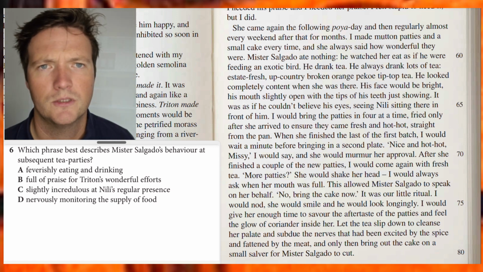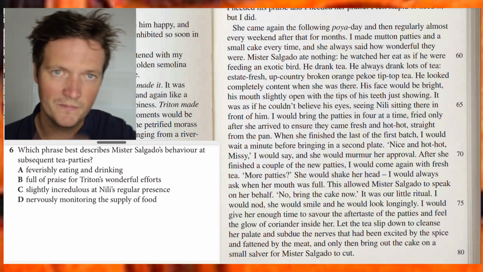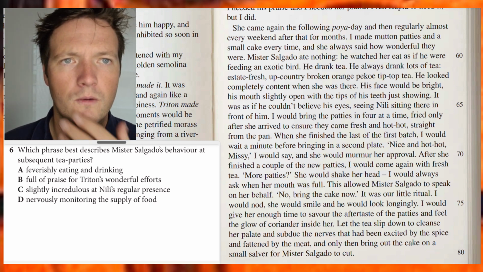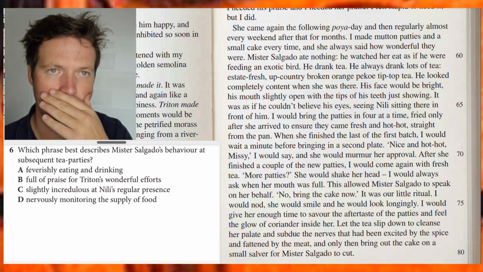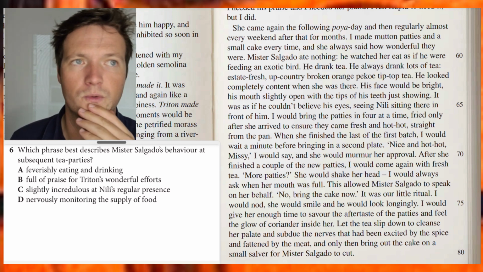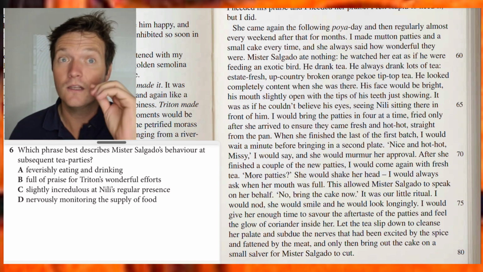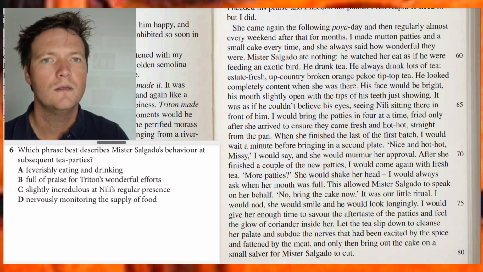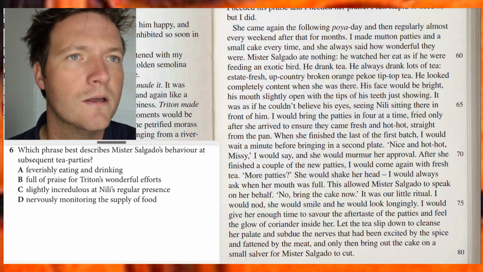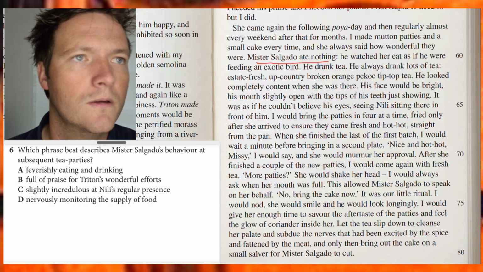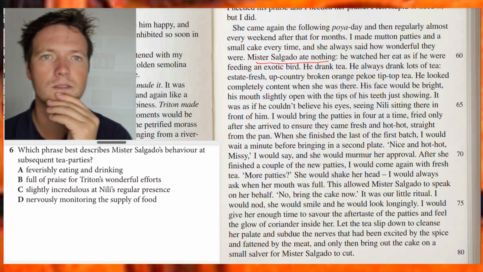Let's have a look at the possible answers. Which phrase best describes Mr. Salgado's behaviour at subsequent tea parties? Feverishly eating and drinking? Well, he drank a lot of tea, yes, but we know he didn't eat anything, right? Mr. Salgado ate nothing in these tea parties.